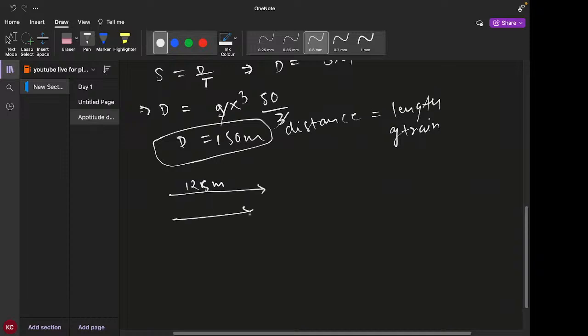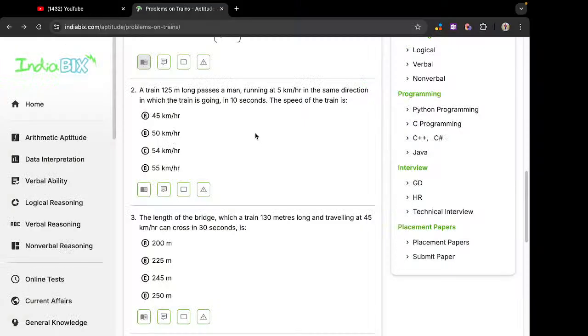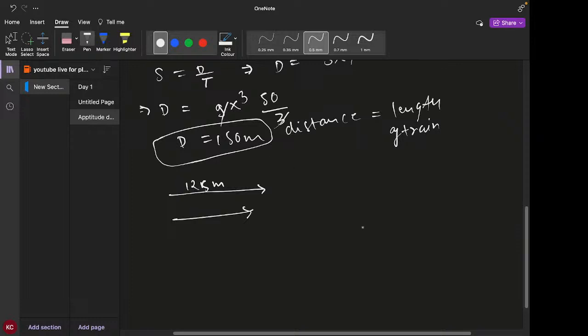There is a man whose speed is 5 km/h, and we want the answer in km/h.